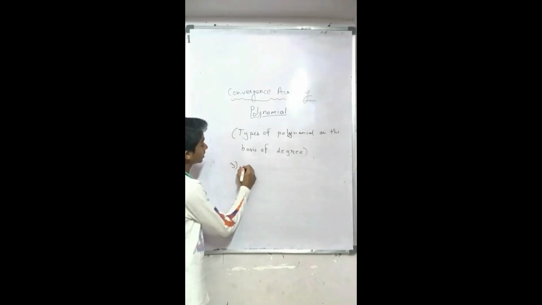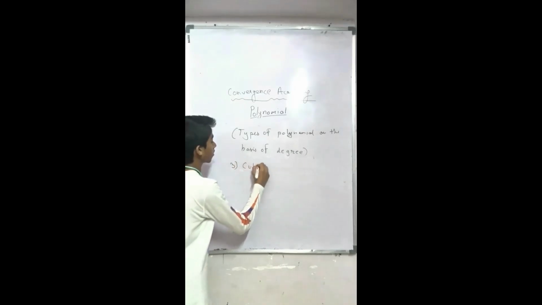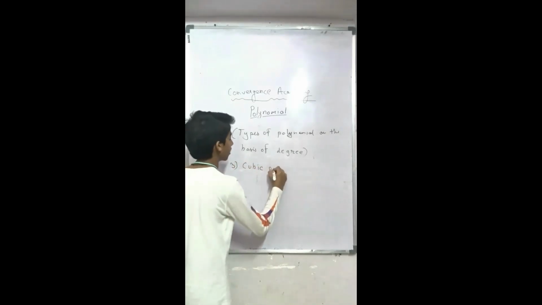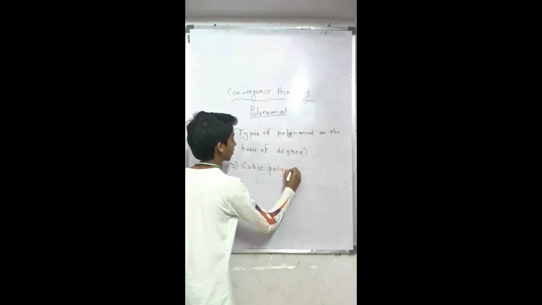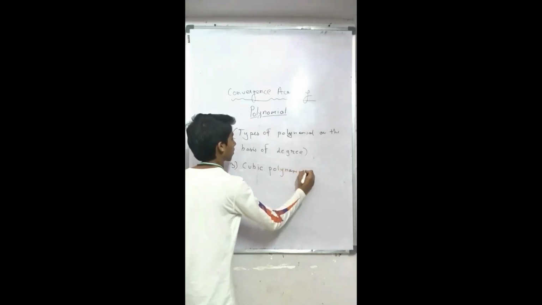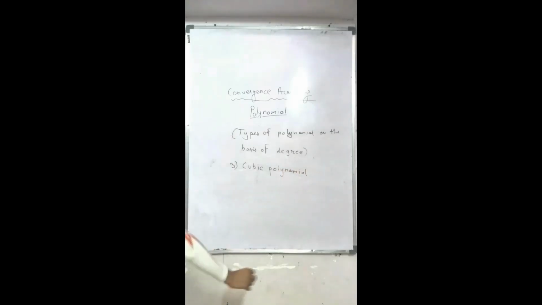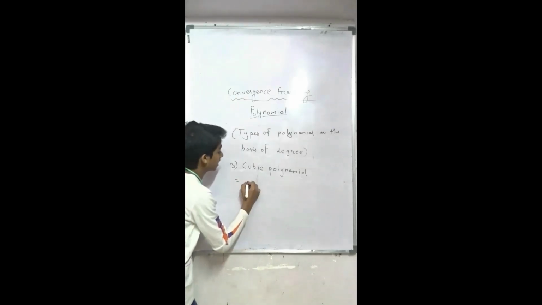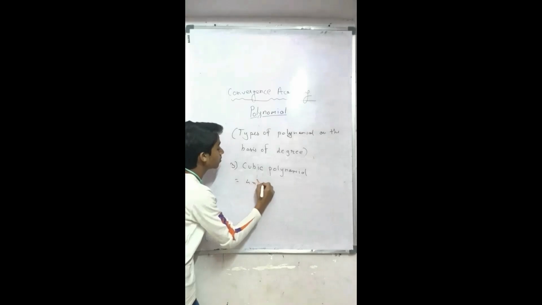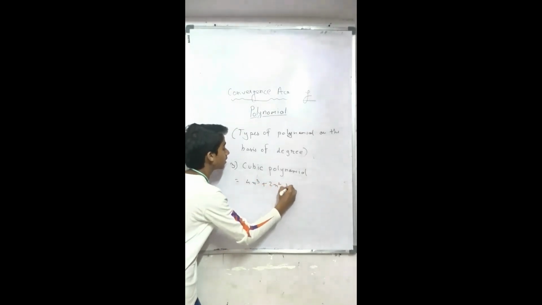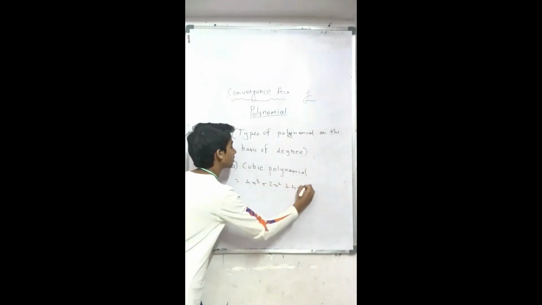So third is cubic polynomial. Okay. So we'll see an example of cubic polynomial. The example is 4x cube plus 2x square plus 4x plus 9.